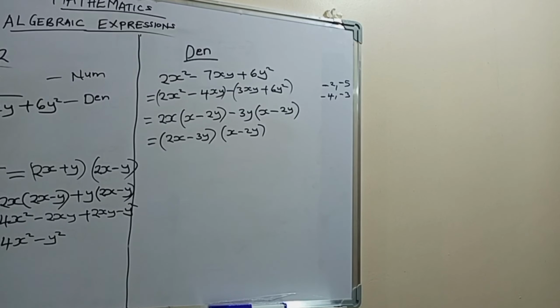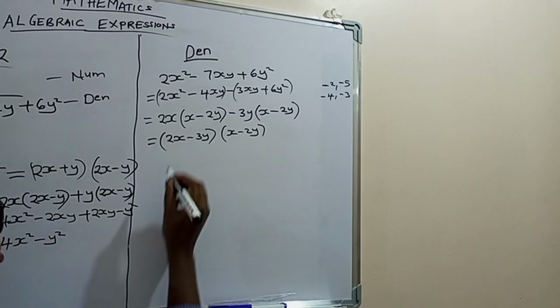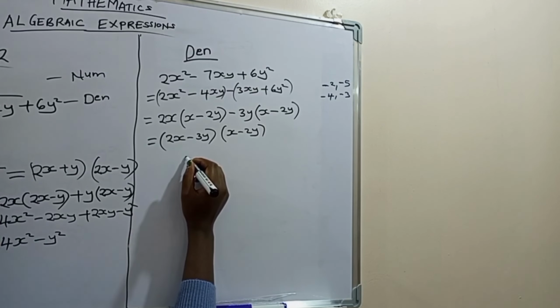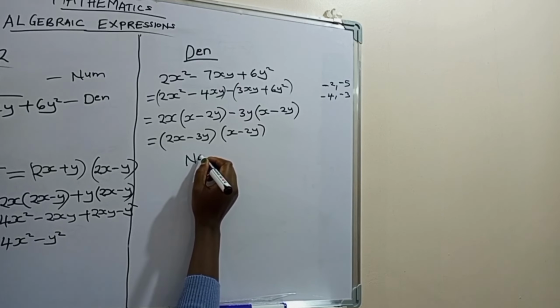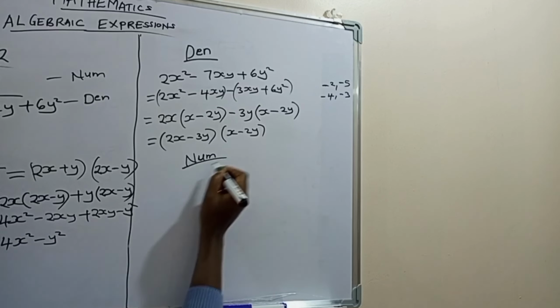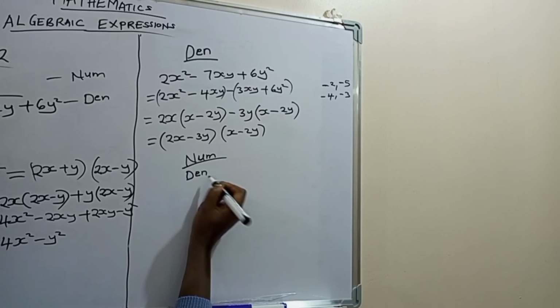So this is our denominator. Combining the two, we get the numerator divided by the denominator.